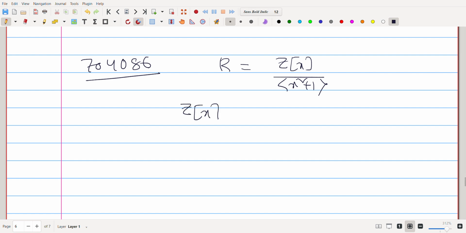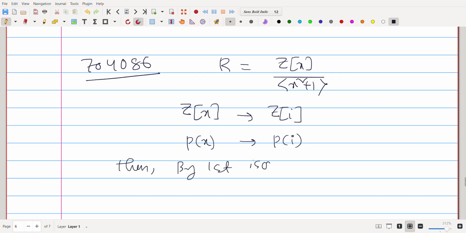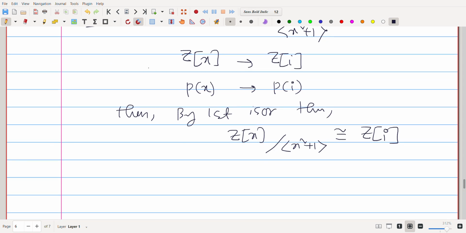So first define a map from Z[x] to Z[i] that sends any polynomial p(x) to p of i. Okay, and then by the first isomorphism theorem, Z[x] mod x square plus 1 is isomorphic to Z[i], because the map is onto here, which you can show because a plus bx goes to a plus bi.